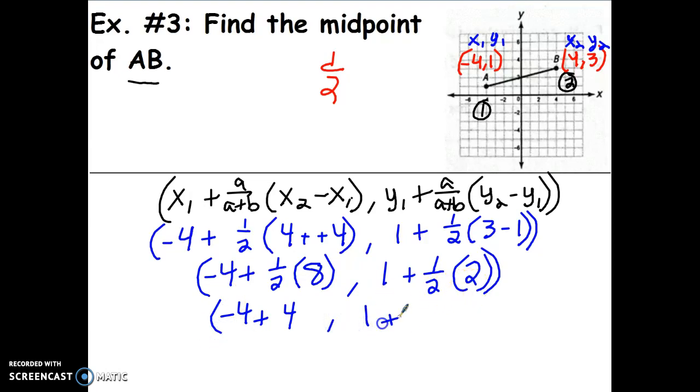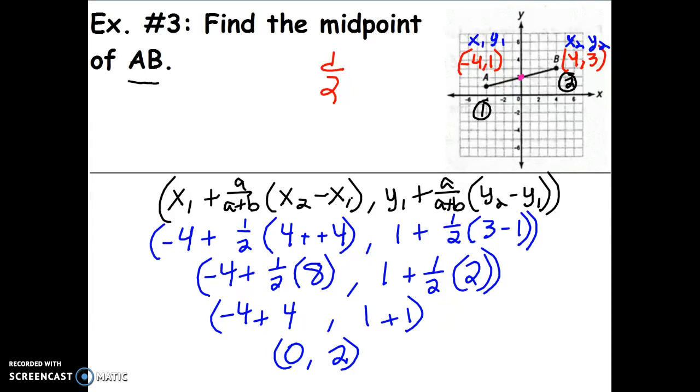Half of 2 is 1. Okay, so -4 plus 4 is 0. 1 plus 1 is 2. So our midpoint is 0, 2, right there. Which makes sense because when we look at that, it looks like it's absolutely in the middle of that line segment. So again, our midpoint is 0, 2.